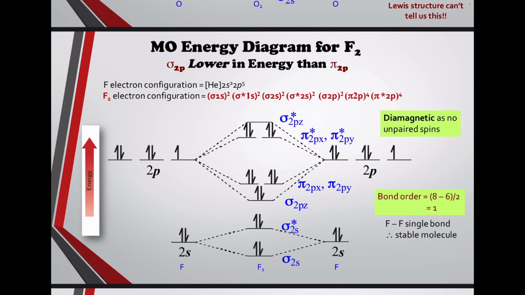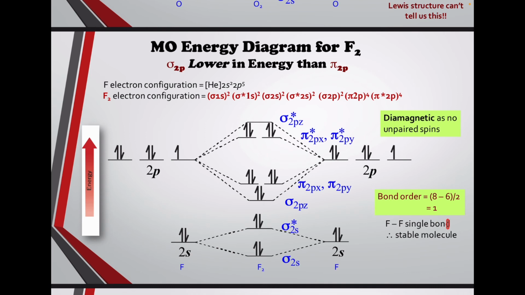So bond order for F2 is equal to 8 minus 6 divided by 2. Because of 8 bonding electrons, 6 plus 2, and minus 6 because of the 4 here, antibonding electrons plus the 2 antibonding electrons equals 6, divided by 2. The answer is 1.